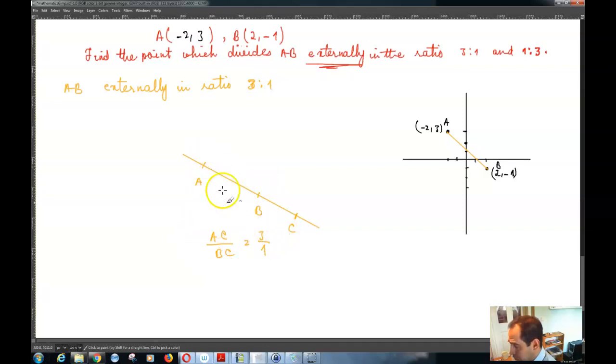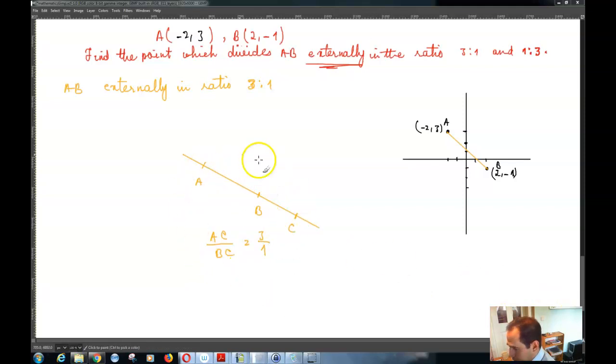Or you can say that in the same situation, AB to BC is equal to 2 to 1, if you, for example, imagine that this point is dividing this line segment AC internally in this ratio.